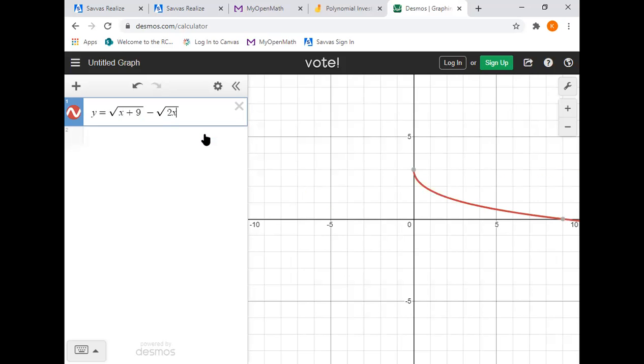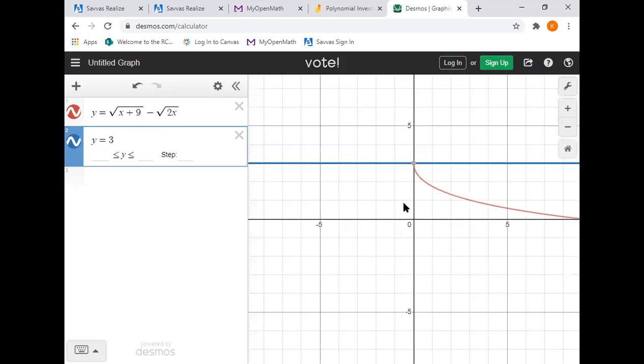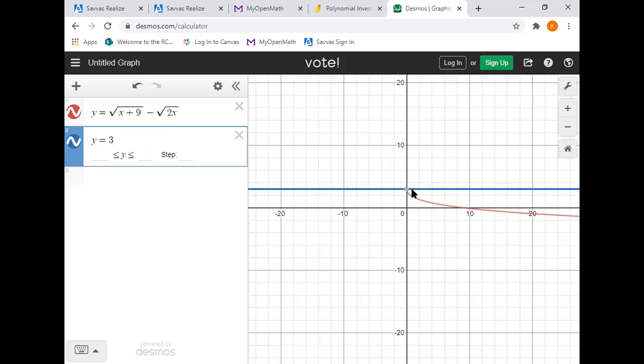And then the other side of the equation is 3, so then we're going to go down below, just click in the next line and put y equals 3 and look to see where this intersects. So it looks like there's a single point there, where the square root of x plus 9 minus the square root of 2x equals 3.